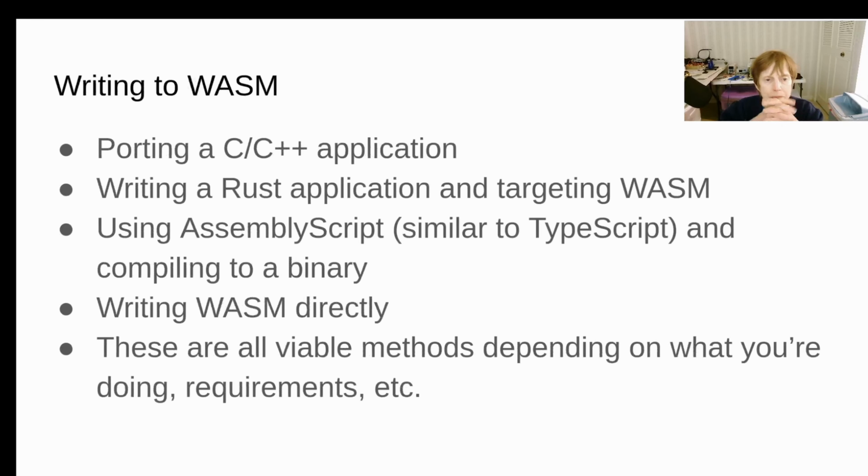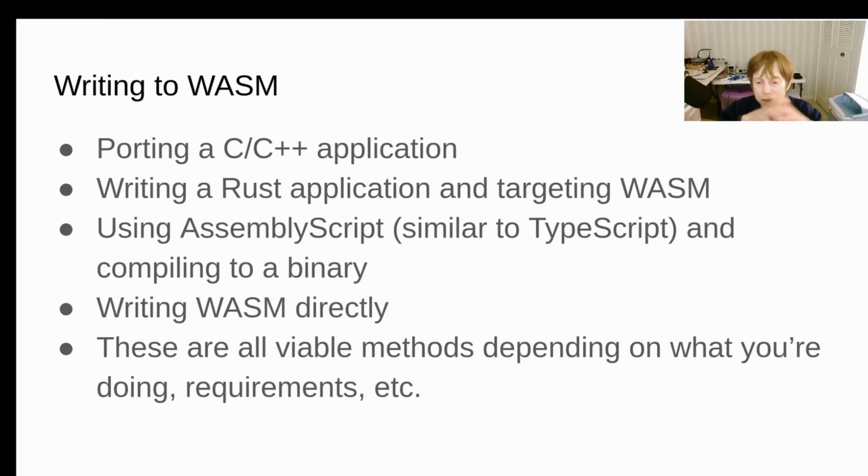Now, writing to Wasm, there are a number of options. You can port a C or C++ application. You can write a Rust application and target Wasm, which is what Parity Tech did for Polkadot. You can use AssemblyScript, which is similar to TypeScript, and again, it can compile to a binary. You can actually directly write Wasm.